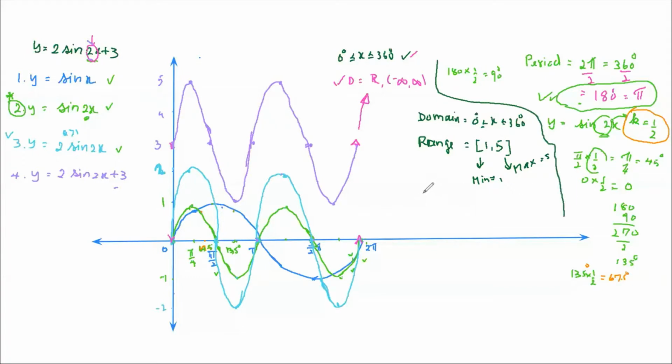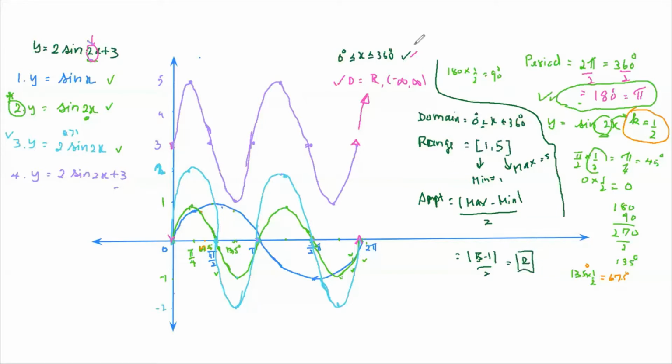Then what else? Amplitude equal to, you use absolute max minus min point divided by 2. So this one we have max is 5 minus min is 1 divided by 2, so equal to 2.